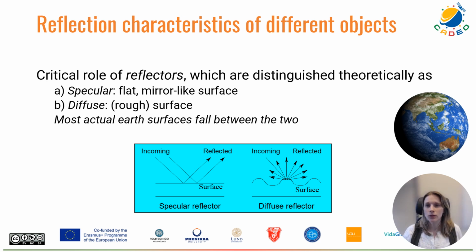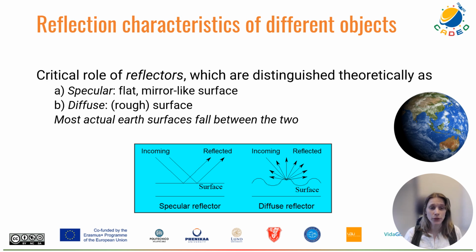Different objects also have different reflection characteristics, and this is a topic that you can go into more in detail, but I will take the overall most important points. So there are two types of reflectors in theory. You have specular ones that are flat, mirror-like surfaces. They reflect very sharply the incoming radiation.